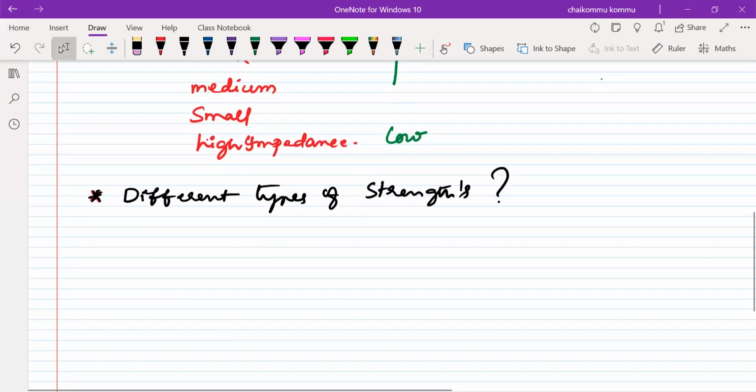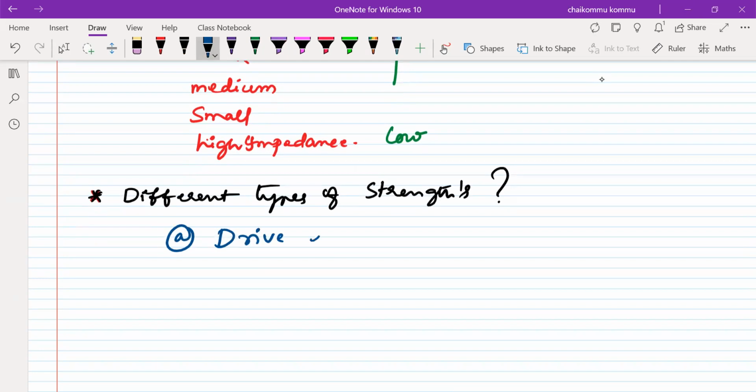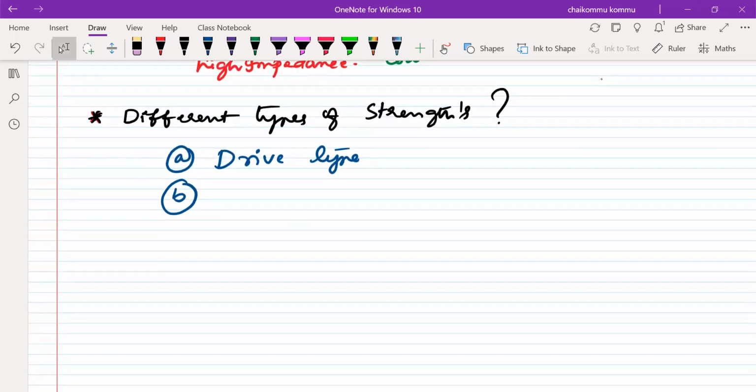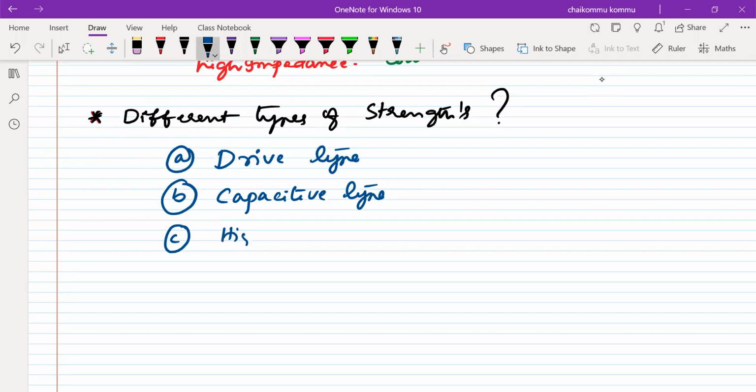One is called drive type. The second one is called capacitive type. The third one is called high impedance state, high impedance.